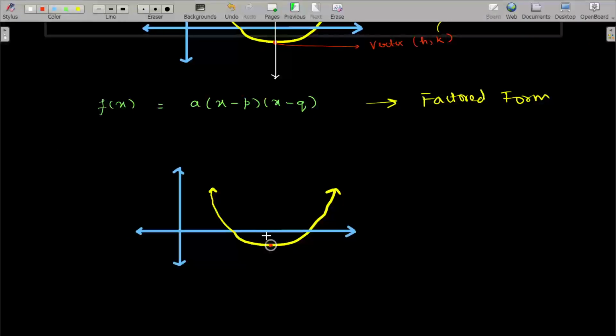You can actually directly find out the vertex without multiplying these two factors. So the vertex is given by p plus q divided by 2. That's going to be the x coordinate, and then for the y coordinate you take this value and you put it inside the function. So f of p plus q over 2.